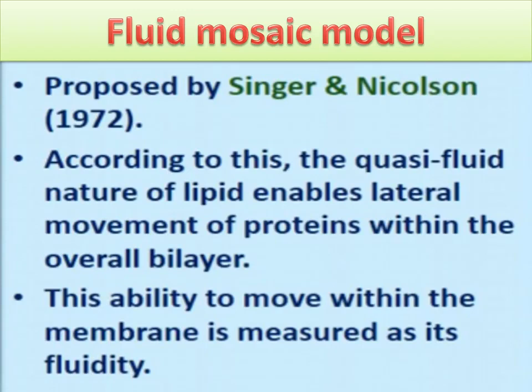Proteins can move laterally in that bilayer from one side to another side like this. And this ability to move within the membrane is measured as its fluidity. So we are saying that proteins can move laterally within the membrane. How is that ability to move within the membrane measured? It is measured as the fluidity of plasma membrane.